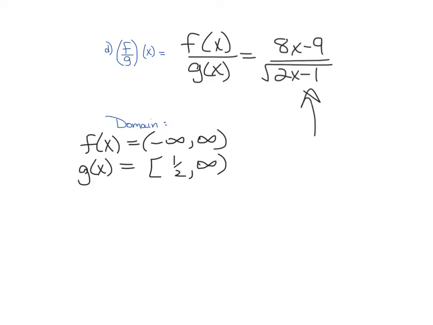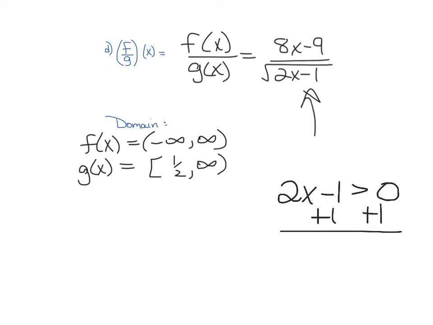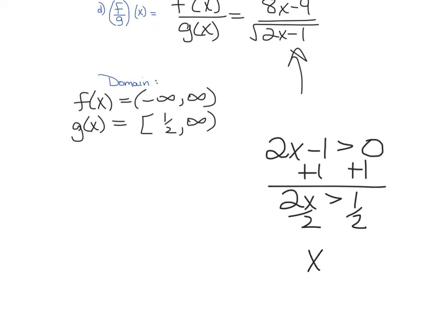However, this time the denominator has to only be greater than 0. Remember, when there's a radical in the bottom, you only use greater than 0, not greater than or equal to, because it can't equal 0. So for this one, we're going to solve this, and the only difference is instead of a bracket, it's now going to be a parenthesis because it cannot include 1/2.